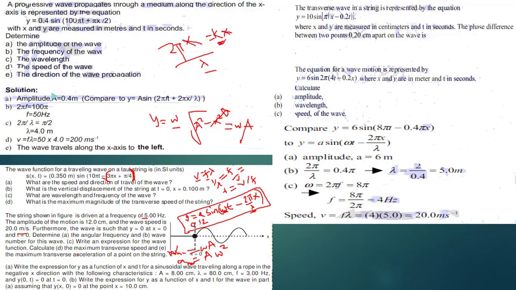Calculate the maximum transverse speed na maximum transverse acceleration, or we know this again is in harmonic motion. So maximum v maximum tunapewa kwa a w na a maximum tunapewa kwa amplitude times w squared.